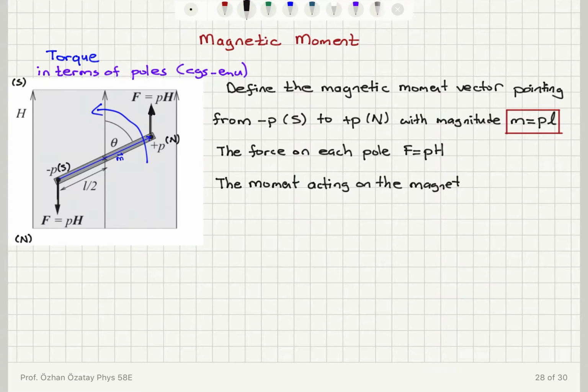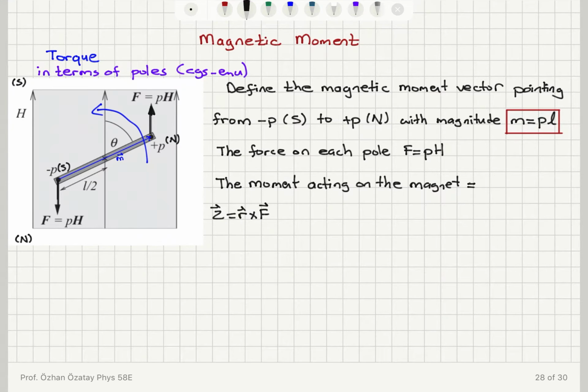This will be equal to, for the left hand side we have, with respect to the center here, torque is equal to R cross F, the cross product between the radial vector, position vector of the point of application of the force, and the force F.